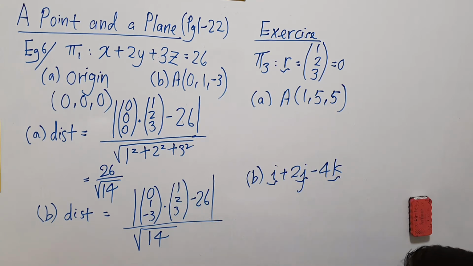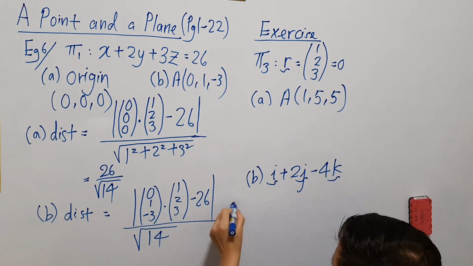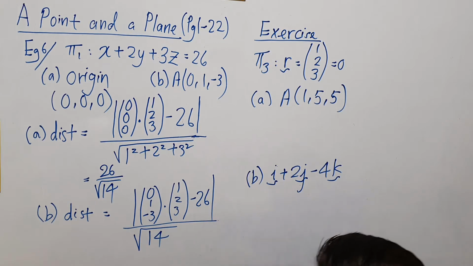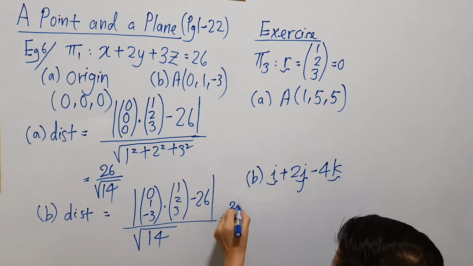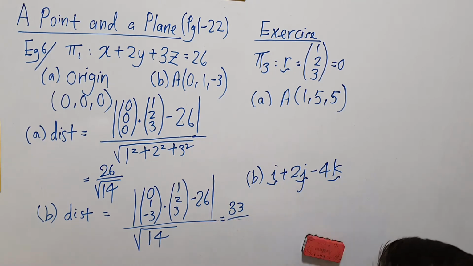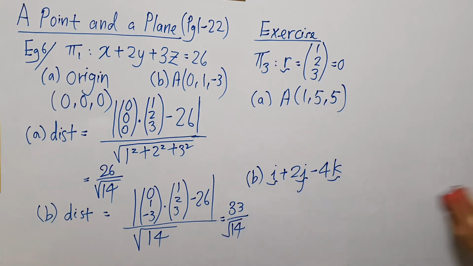And then in this case, your answer turns out to be 33 over root 14. Okay, this is how I find the distance from a point to a plane. The same principle is applied for both A and B.